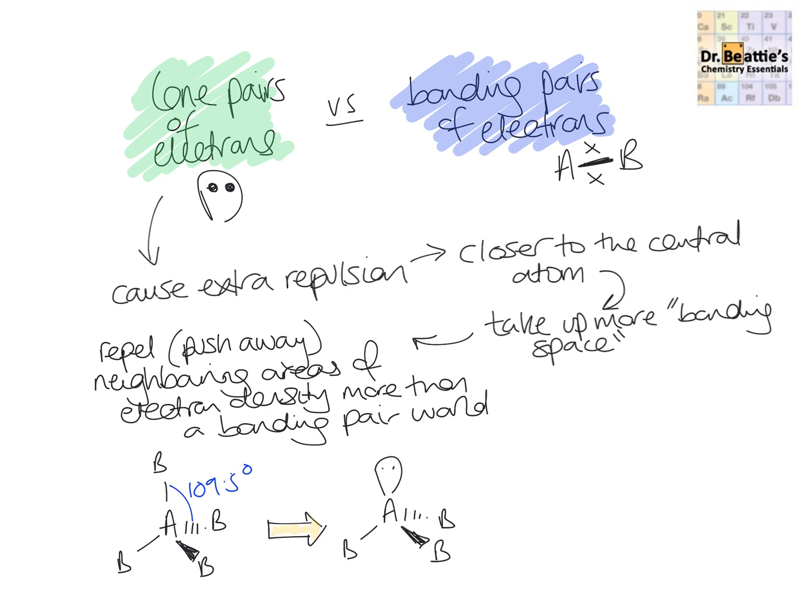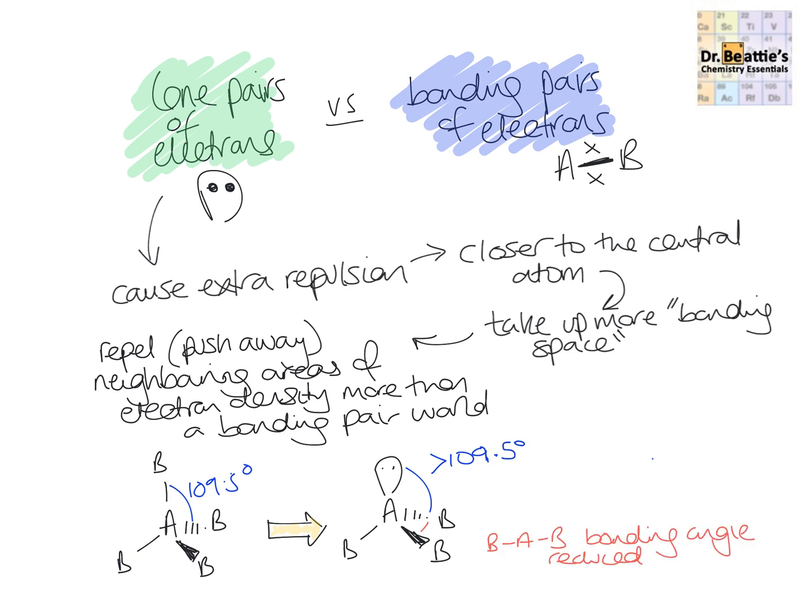With this introduction of a lone pair, we're going to have more repulsion between this lone pair and the bonding pairs, so the angle of lone pair, A, and B is going to be greater. And this will be the same for any of these angles: B, A, lone pair. So these are all going to be greater than 109.5. But because these are occupying 3-dimensional space, as this angle increases, the angles BAB decrease. So we have a reduction in the bond angles.